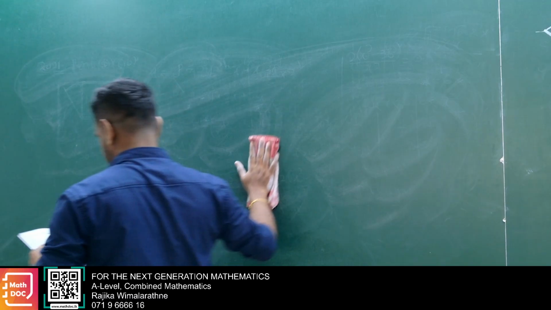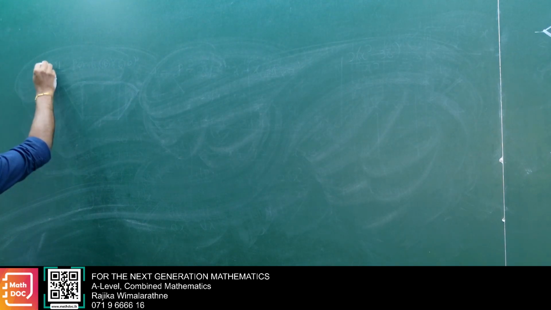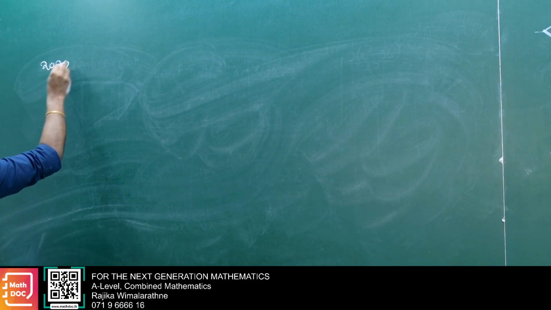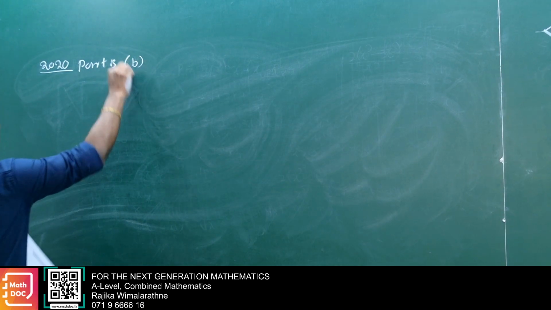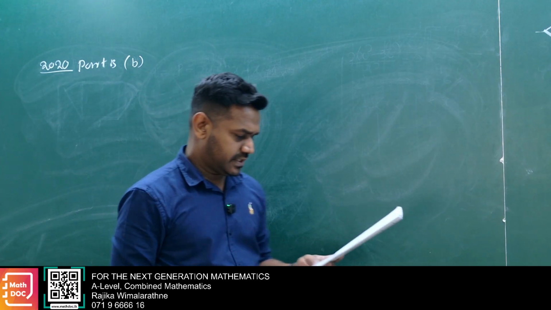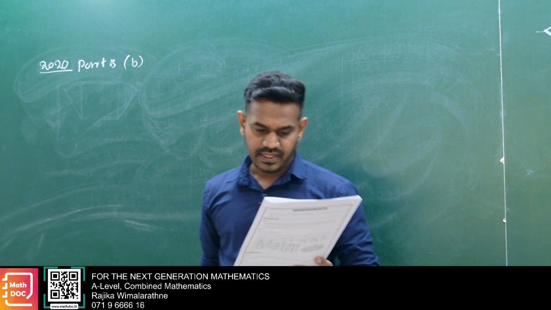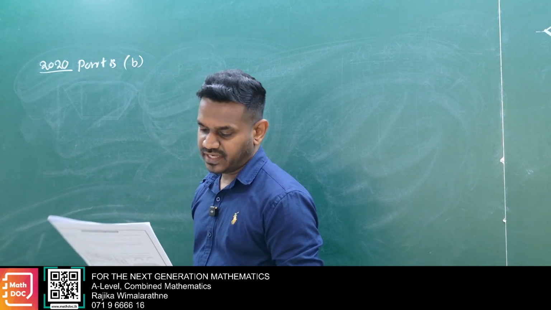Okay, then 2020, part B. Here a dustpan is shown in the figure and all the values are given.